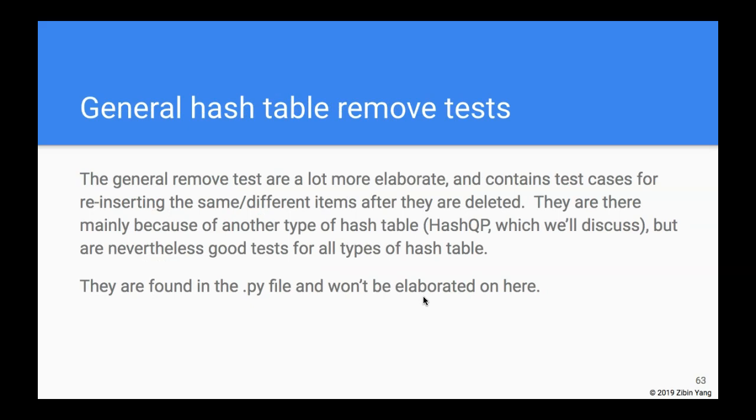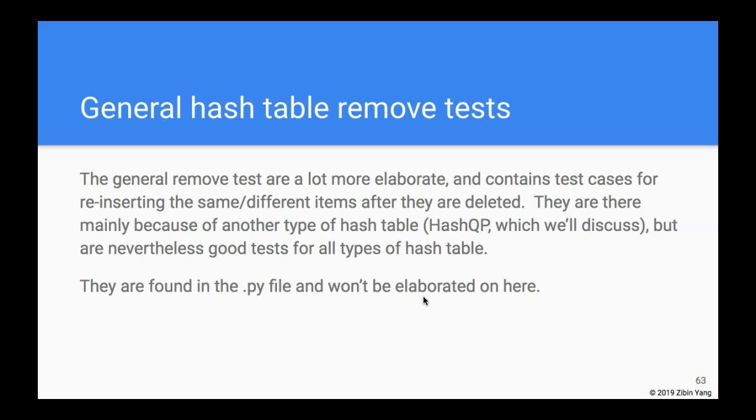Now I wrote something a lot more elaborate to test the removal, and that involves operations like insert data, remove data, and then reinsert the same data or different data. The reason for that is it's really used to test a different type of hash table that we'll talk about in a bit, which has a more complicated way of deleting things.